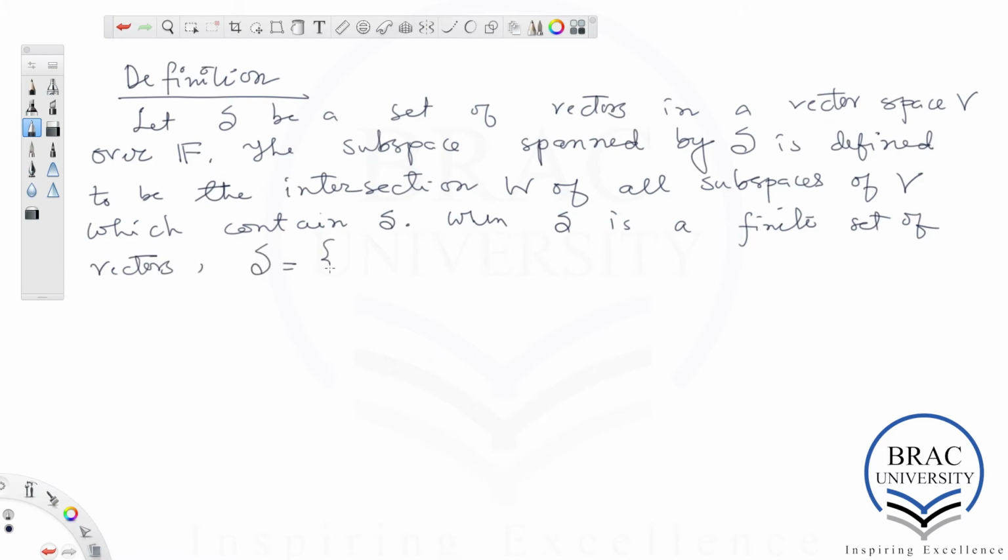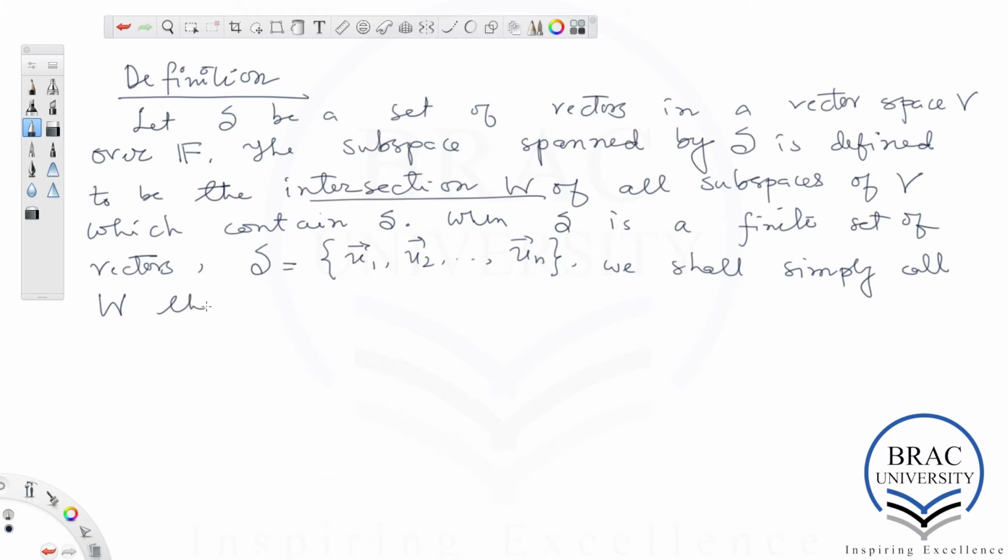When S is a finite collection of vectors u1, u2 all the way up to un, say, we shall simply call W the subspace spanned by the vectors u1, u2 all the way up to un.